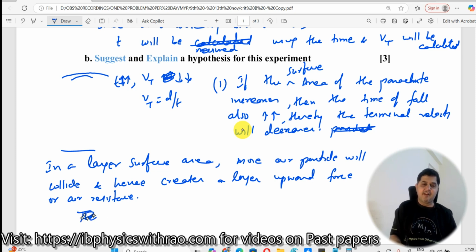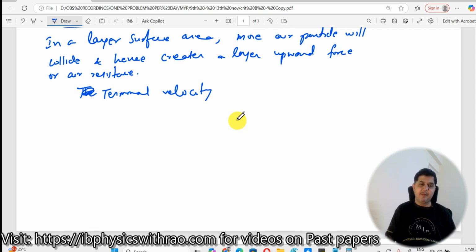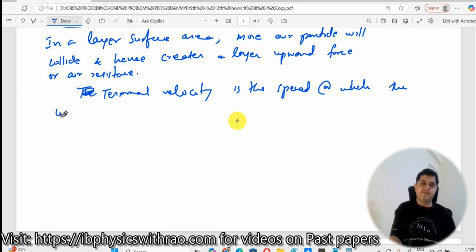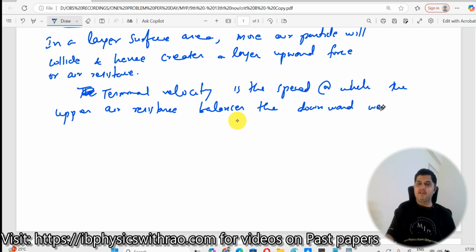Then you define terminal velocity. What do you mean by terminal velocity? Terminal velocity is the speed at which upward air resistance balances the downward weight.